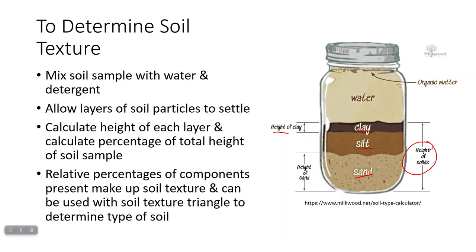This can be important if you're a farmer because depending on the type of soil you have in an area, you can grow different crops. Like I said, some crops may require sandier soil, some may require more clay heavy soil. And so knowing what type of soil texture you have allows you to better grow your crops and adapt your crops to the area.